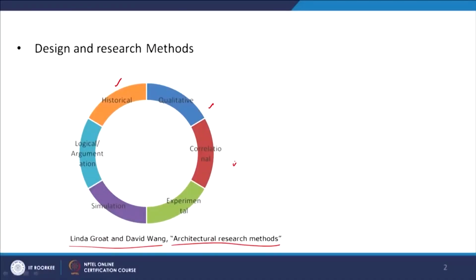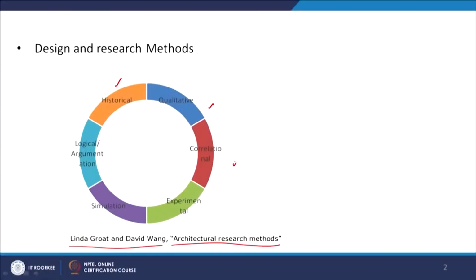Though it is focused on architectural research method, the different typologies can also hold true for any creative domain, for example industrial design, UI UX and visual communication design. So this is the broad 6 categories, and there is a fine difference between design and research.